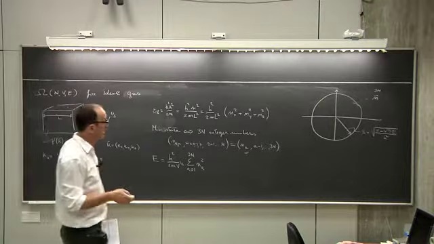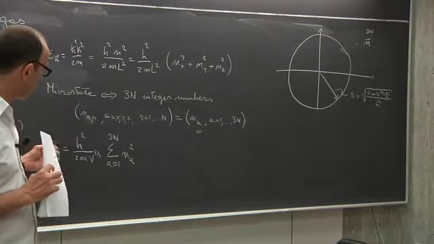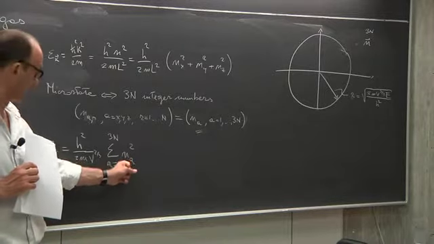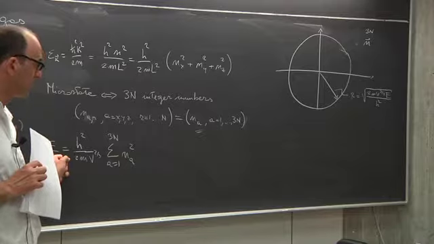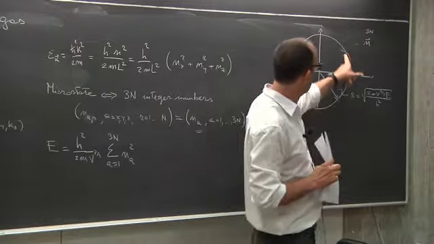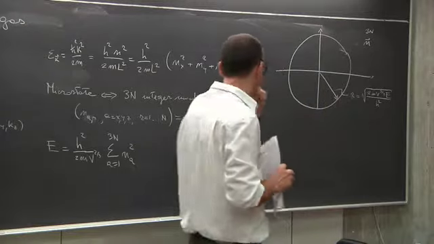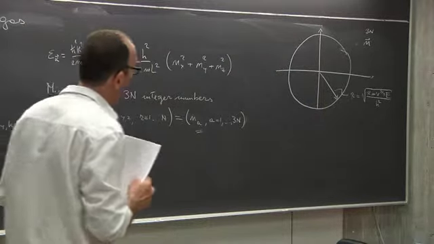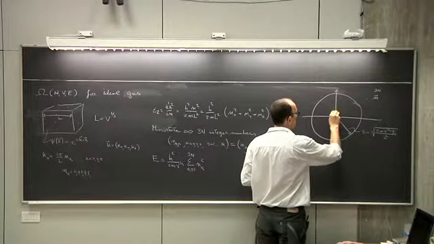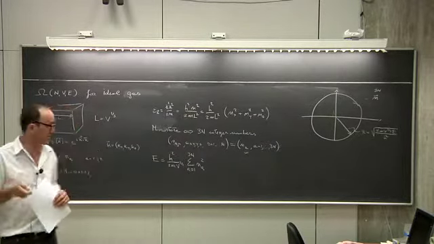If I want to compute the number of states which have the same energy, this number is equal to the number of points on this surface. Now, you should think that here there are discrete points, so this is an integer lattice.